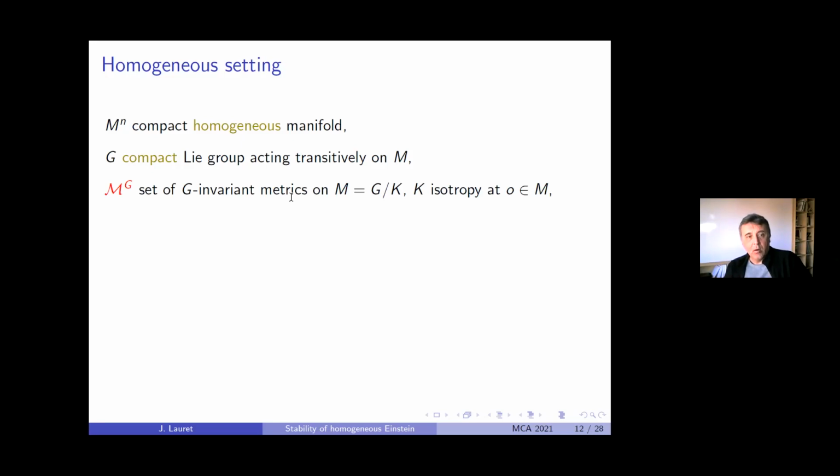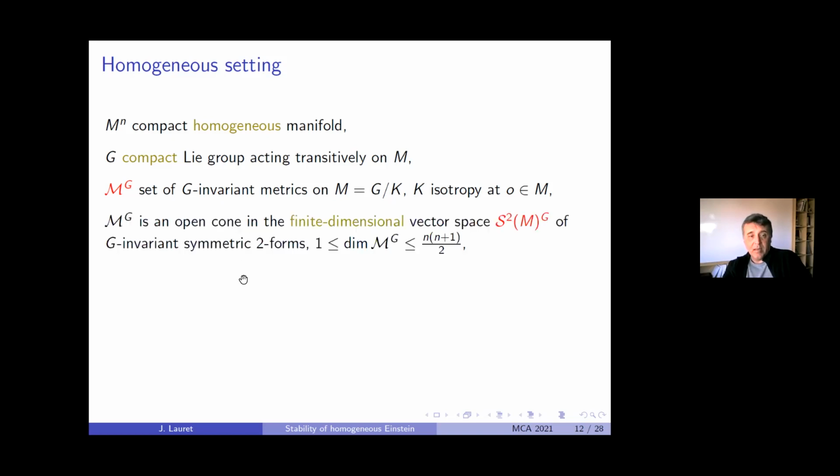And so we now consider the Riemannian metrics on M, but which are G invariant. Okay, such that G acts by isometries on the corresponding Riemannian manifold.